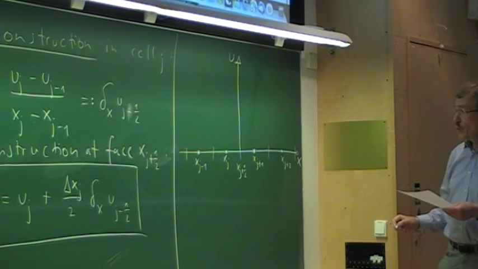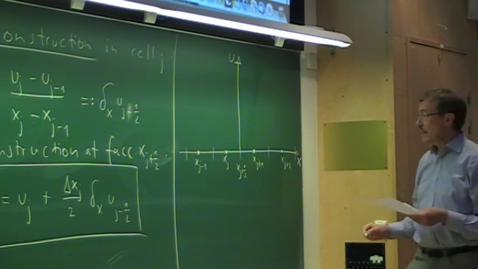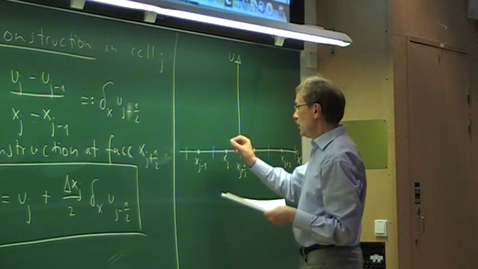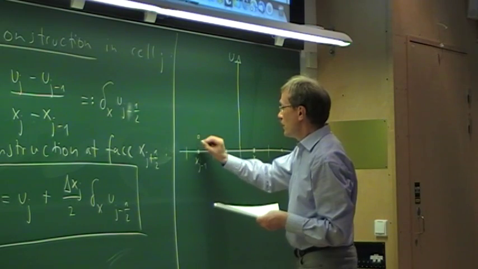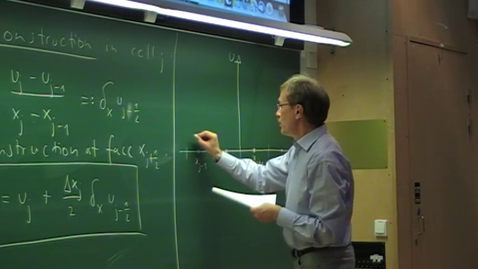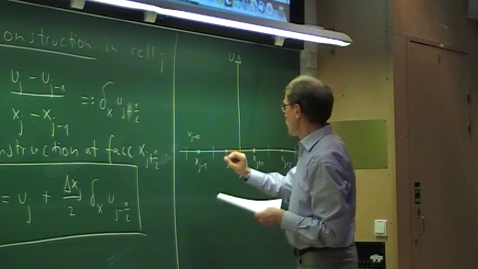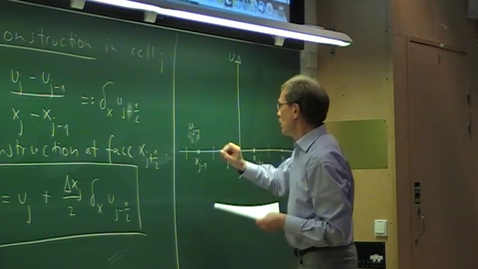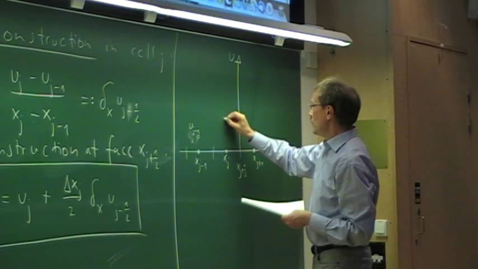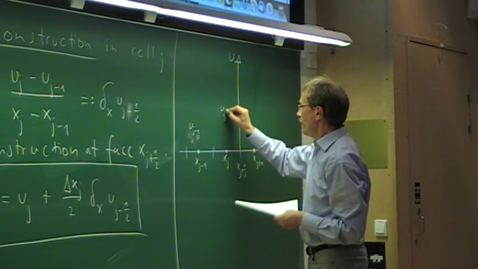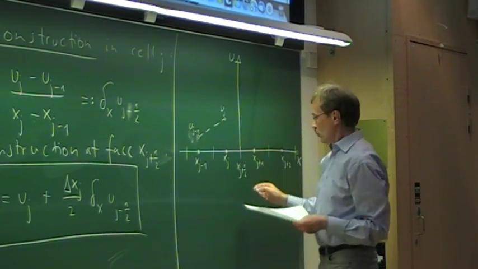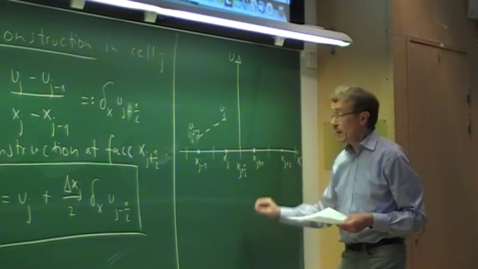What we assume to know is just the cell averages. In our example, we had here the value uj minus 1, and then we had here the value uj, and this slope was used to get the reconstruction inside the cell j.